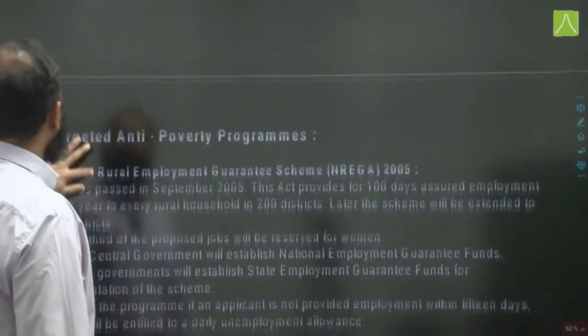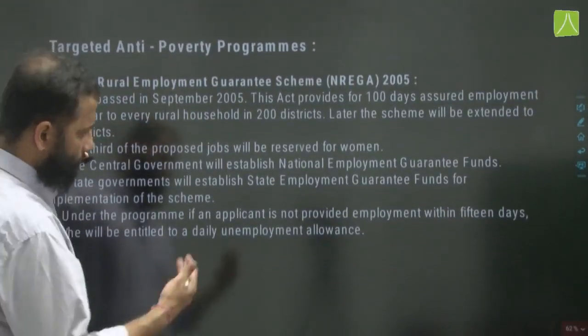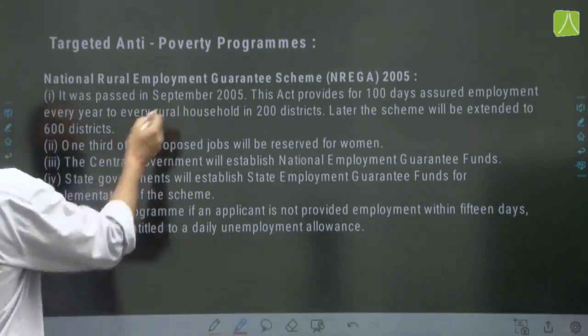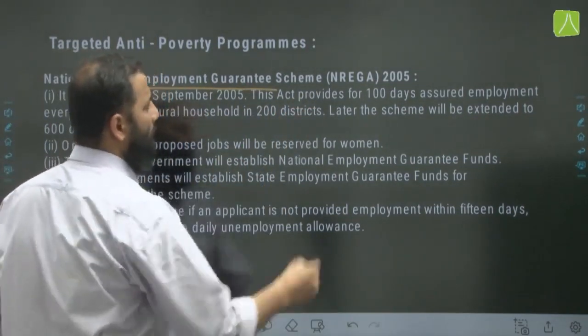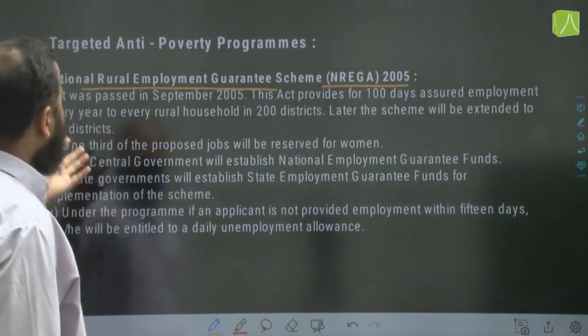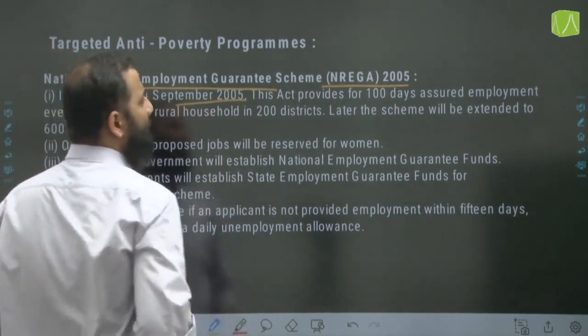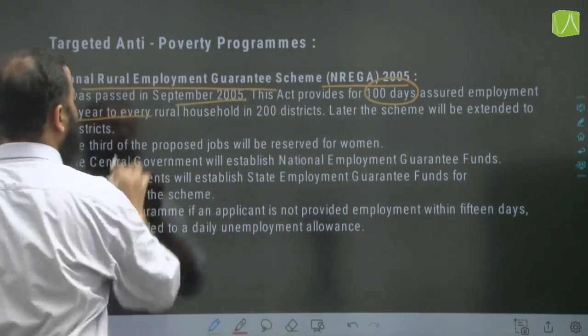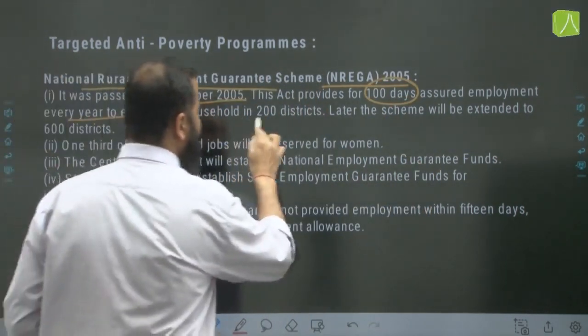In the next slides, we will be looking at various targeted anti-poverty programs. First is the National Rural Employment Guarantee Act, better known as NREGA, passed in September 2005. This act provides 100 days of assured employment every year to every rural household in 200 districts.